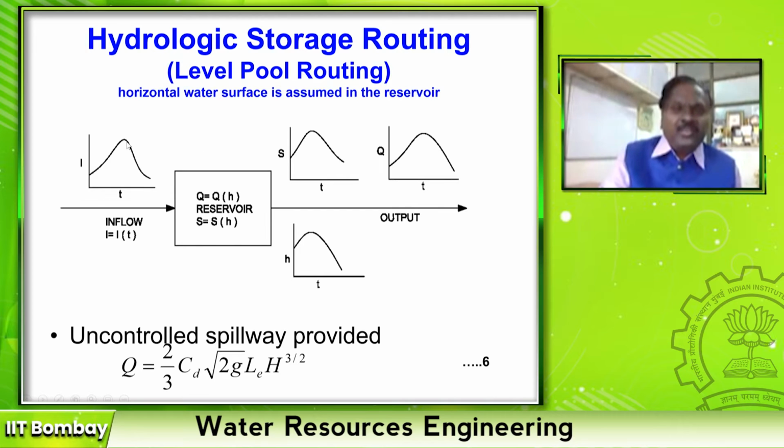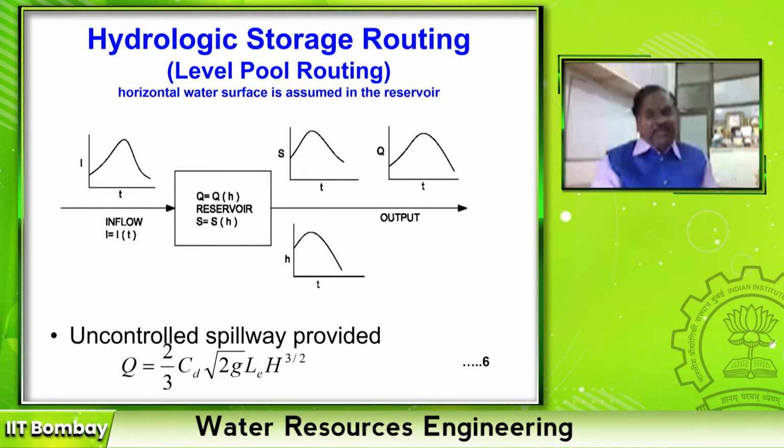For example, the peak flow and the other events happen at different times, separated by a lag, delta t or lag period. But I have to operate the dam from zero time, so that at the end of the flood I should not unnecessarily empty the reservoir, or unnecessarily cause flooding on the downstream side. That is called hydrologic routing.